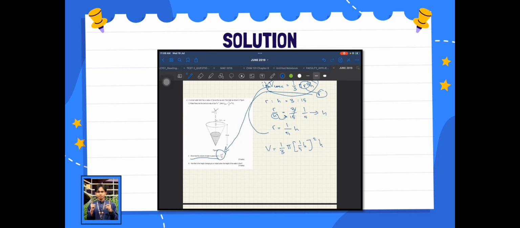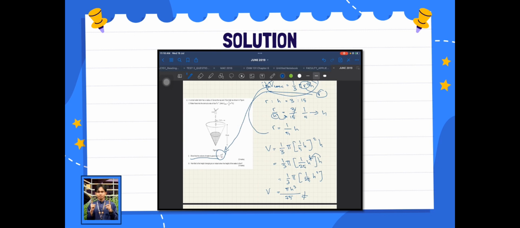So we can expand this bracket, which will be 1/25 h² h, and we can expand it: 1/3 π 1/25 h³. And lastly, we can get our V is πh³ over 25 multiplied by 3, which will be 75. So that is the answer for question 1.